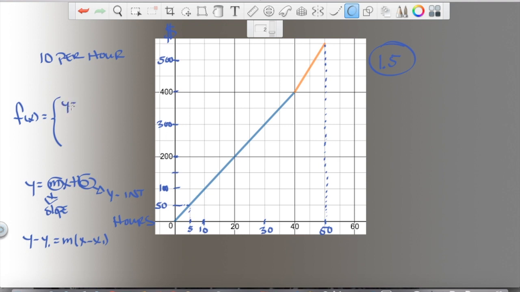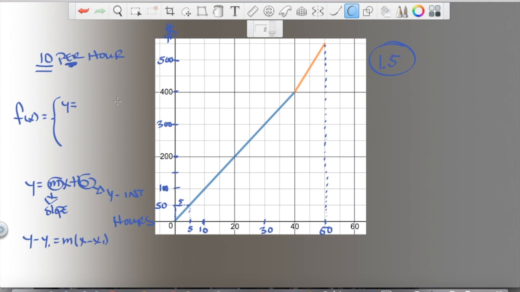y equals, well, what's my slope? I'm going up 50 and going over 5. We just addressed that. So up 50, and then this is our 5 right there, which means my slope is rise over run, which is 50 over 5, which is 10, which we already identified right there. We already knew that was going to be our rate of change, and the key thing that tells us it's a rate of change is that "per."